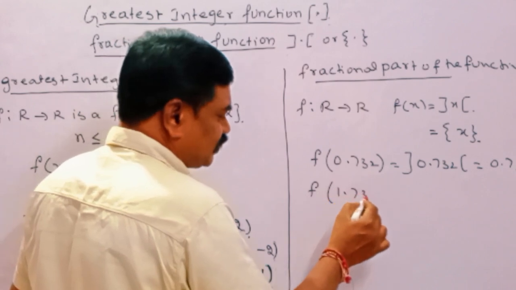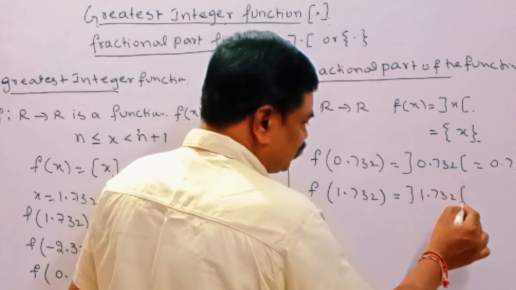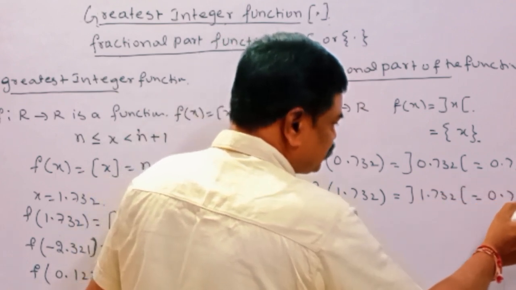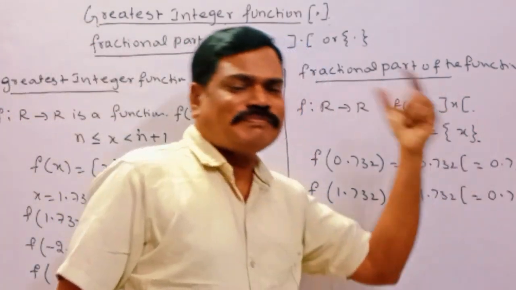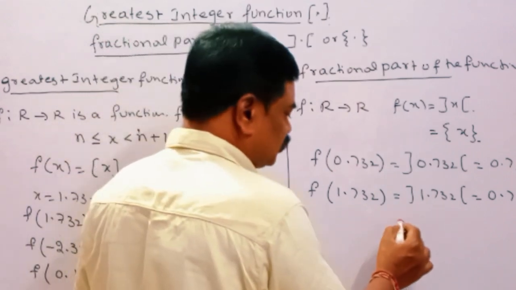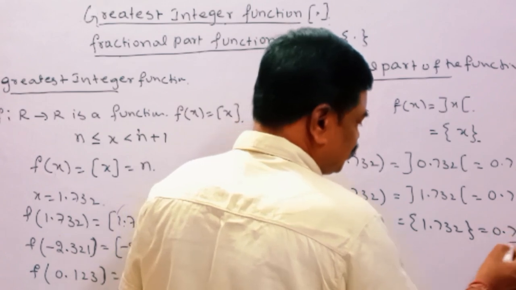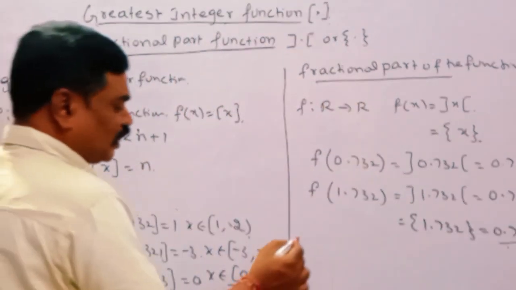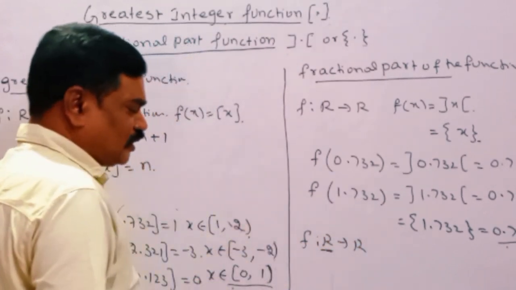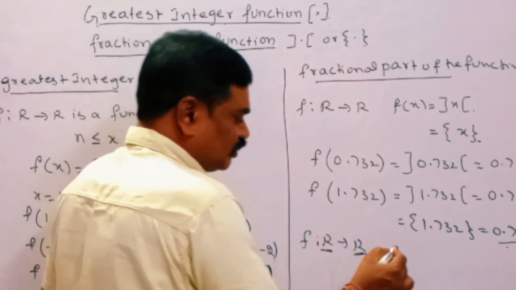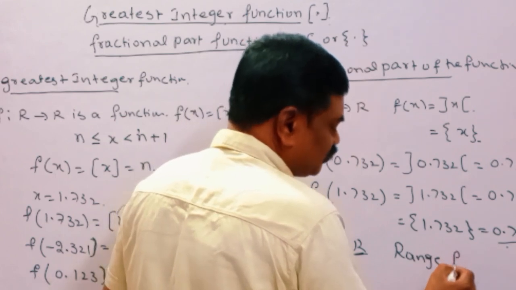f(1.732), here you take the fractional part of 1.732, which is equal to 0.732. Like this you take only the fractional part. So f from R to R, the range is only fractions.